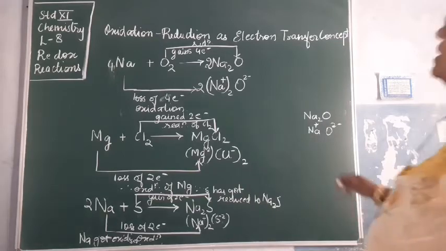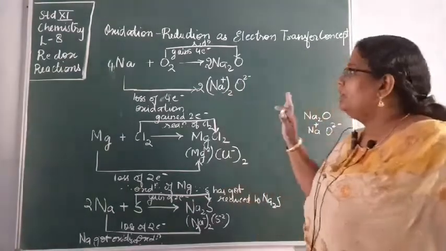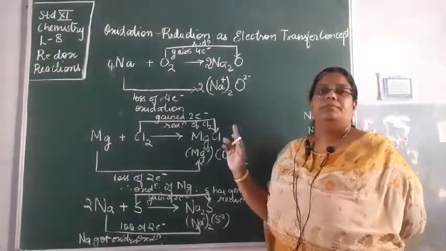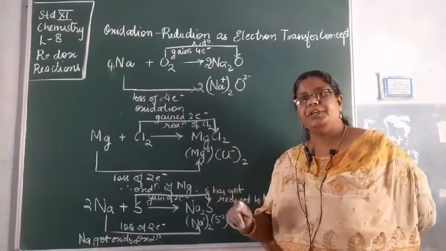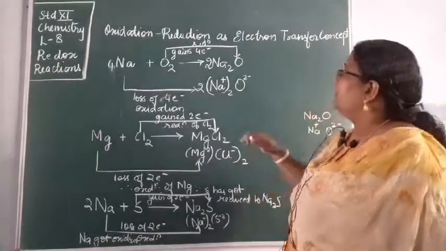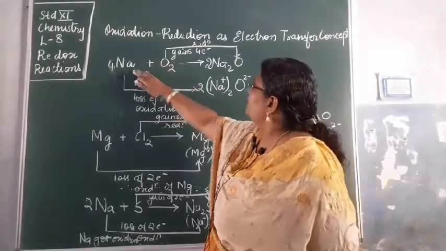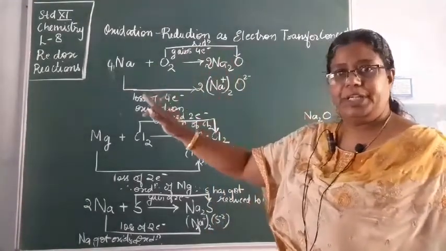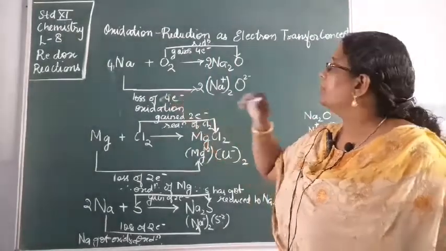Now, in the same examples, we can also try to define oxidant and reductant based on electron transfer concept. ठीक है. तो यहाँ पे देखो सोडियम लूजेस इलेक्ट्रॉन, देयरफोर इट गेट्स ऑक्सीडाइज्ड. ठीक है.